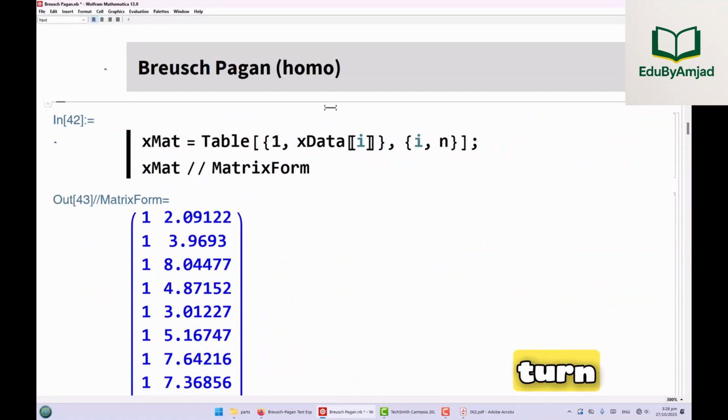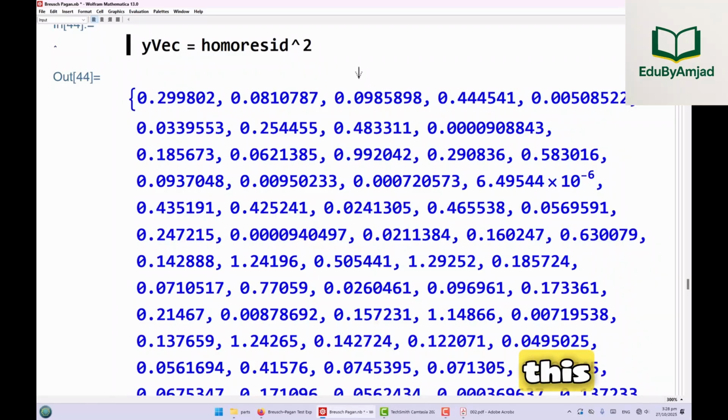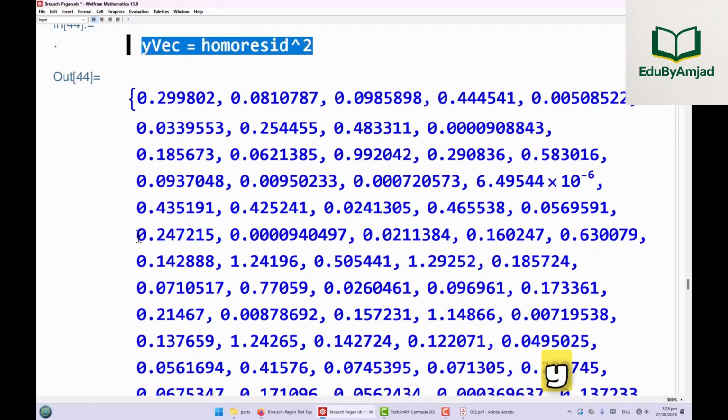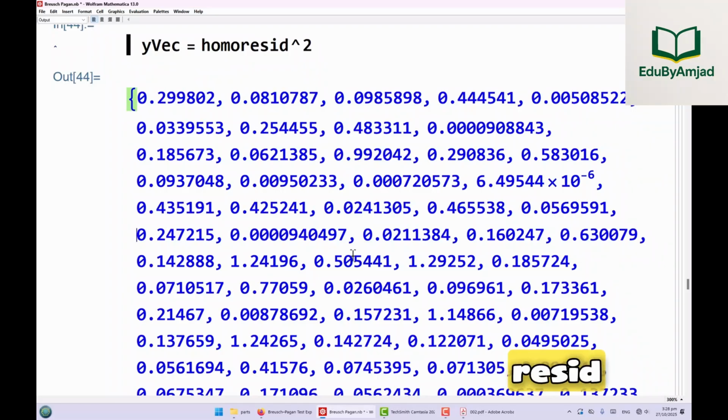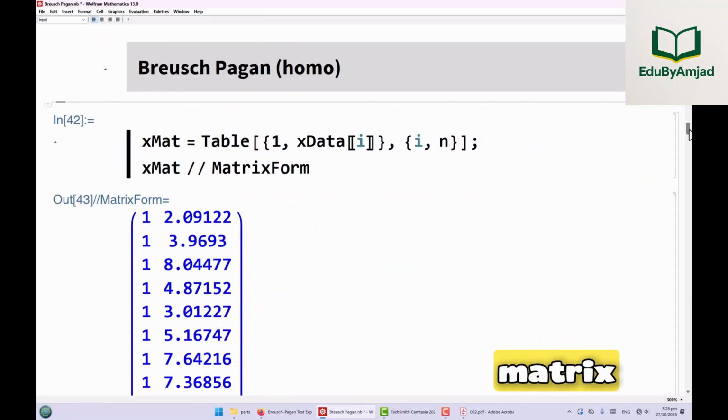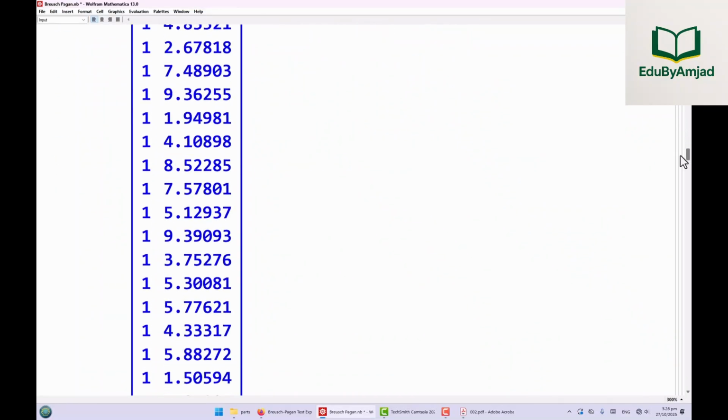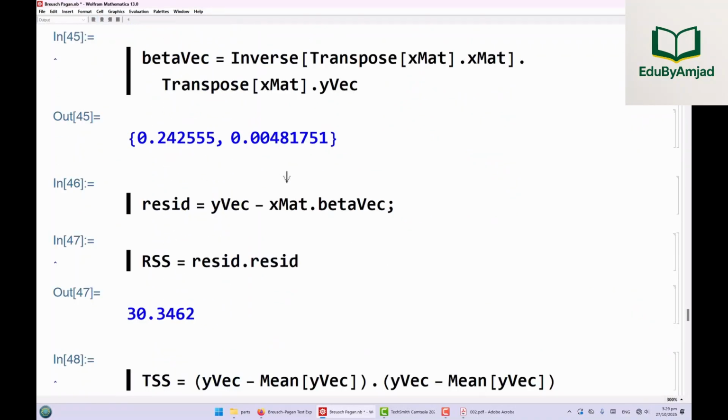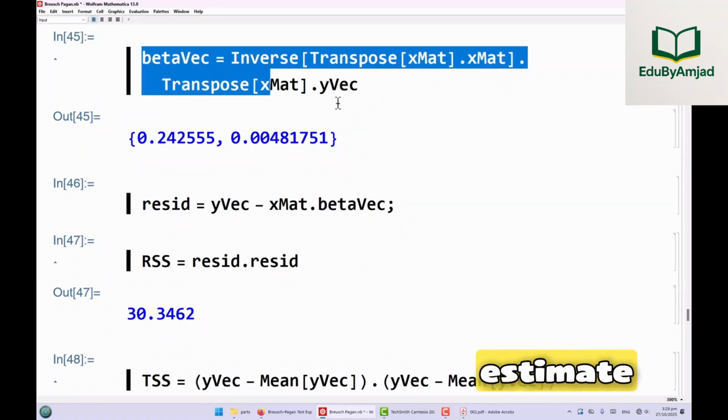Now, let's turn to the residuals named homoresid, and apply the Breusch-Pagan test to check for homoskedasticity. To run this auxiliary regression, we define a new dependent variable, y vector, as the square of homoresid. The X matrix remains the same as before. Next, we input the matrix formula to estimate the new beta vector.